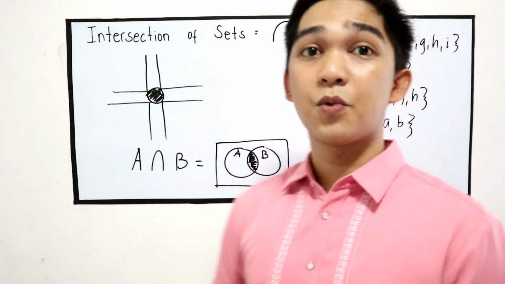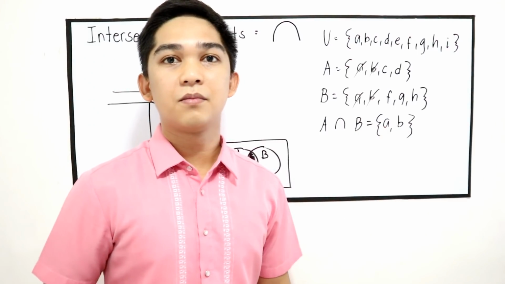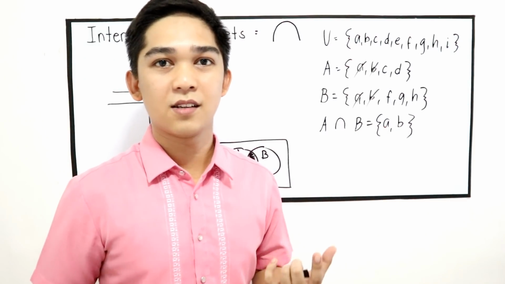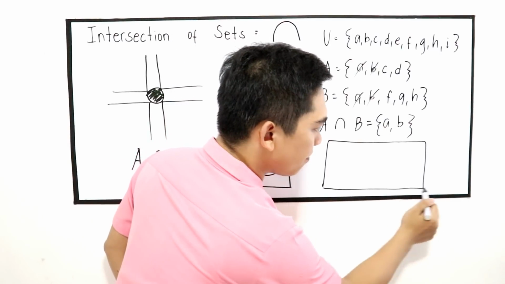How about if your teacher will ask, draw this given in the Venn diagram and write the different elements. So let us try in this Venn diagram.